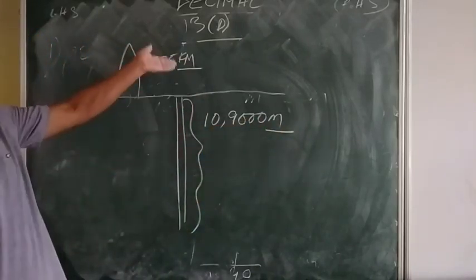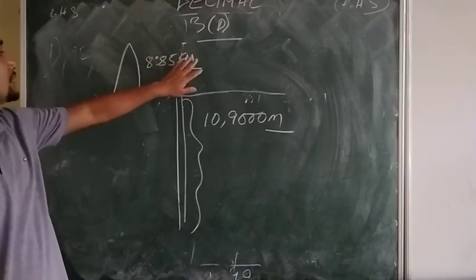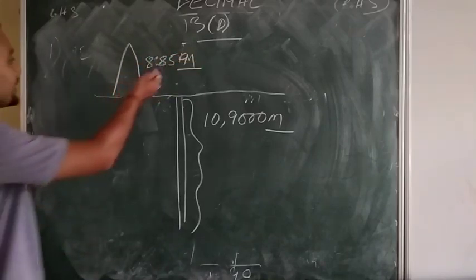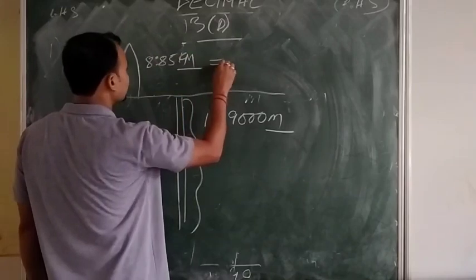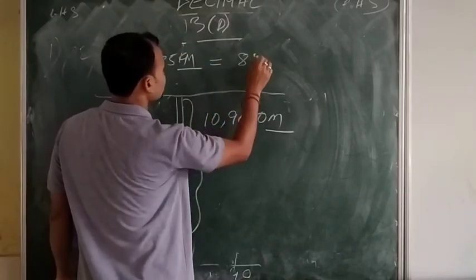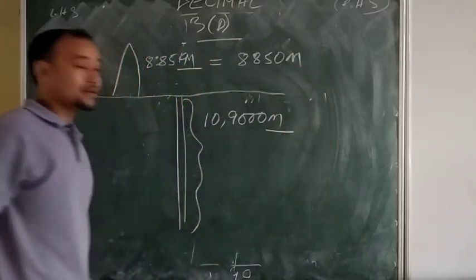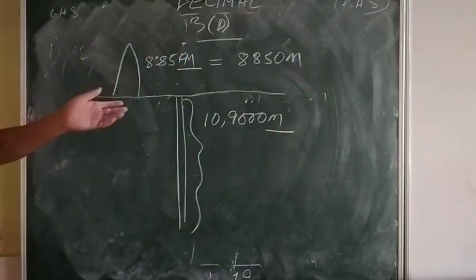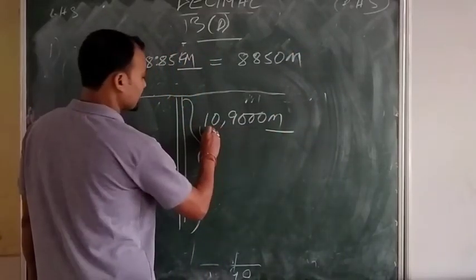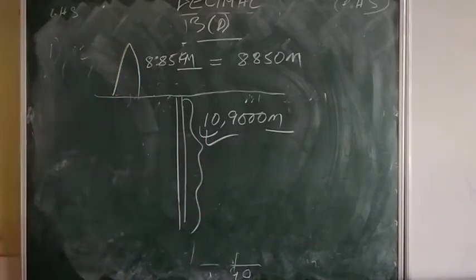Or if you want to keep the answer in meter, you can keep this in meter. 8.85 kilometer is how much? 8,850 meter. I think it is better to put in meter. Both will have meter. Now which one is bigger? Obviously this is bigger. That is, Mariana Trench is bigger.